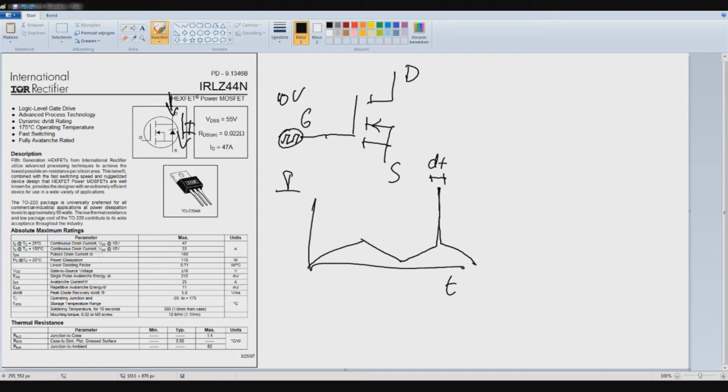So now we take a look at power dissipation, which says 110 watts.